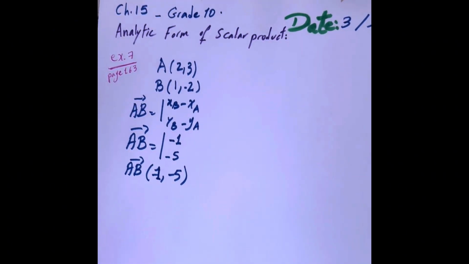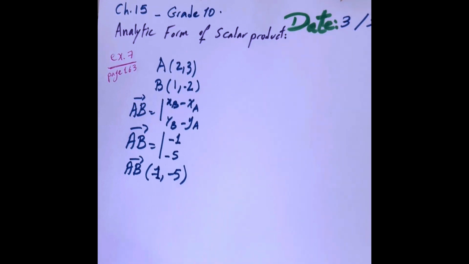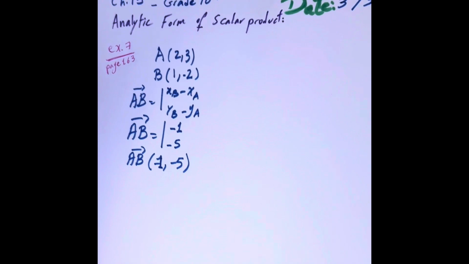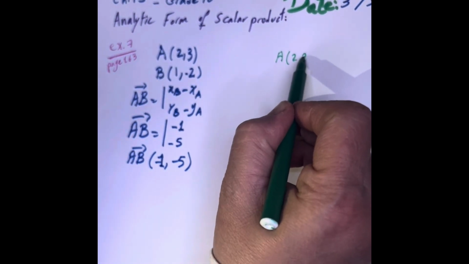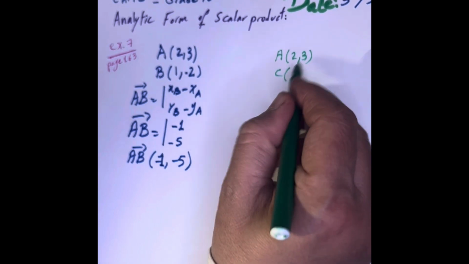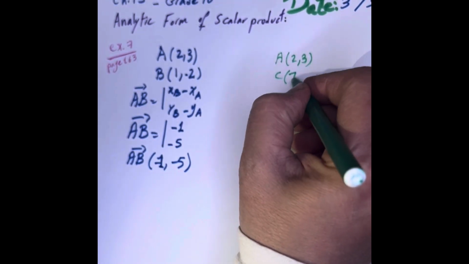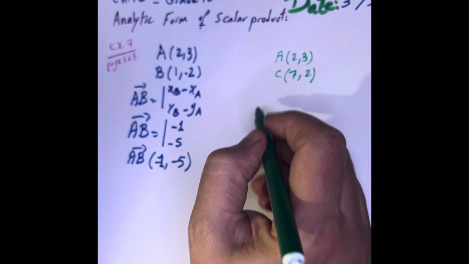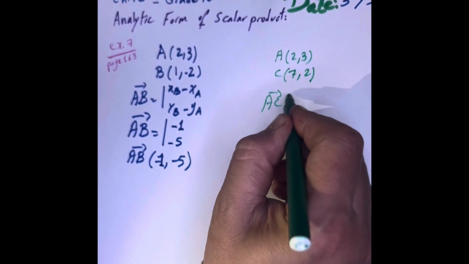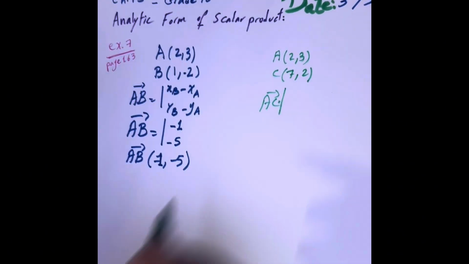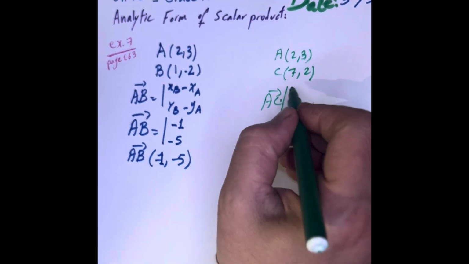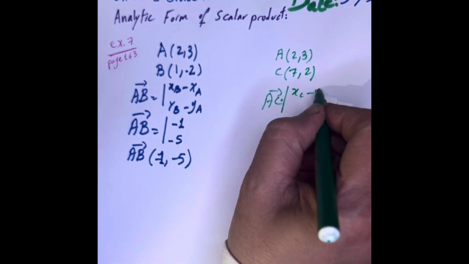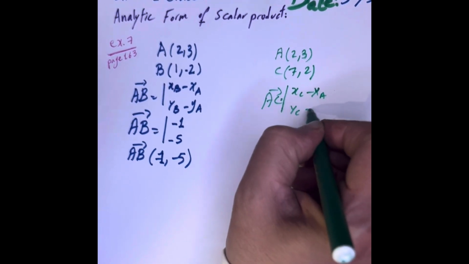Okay, now let us find the coordinates of the vector AC. Are you ready? Let's go now. I will write them in the same way in order to help me avoid faults in calculation. Now AC is calculated in this form: XC minus XA and YC minus YA.